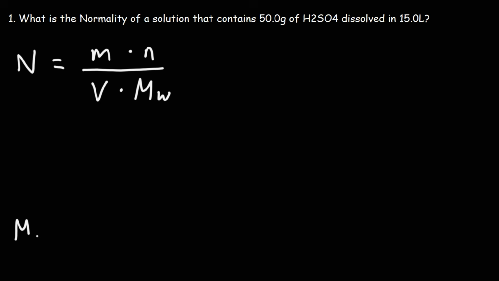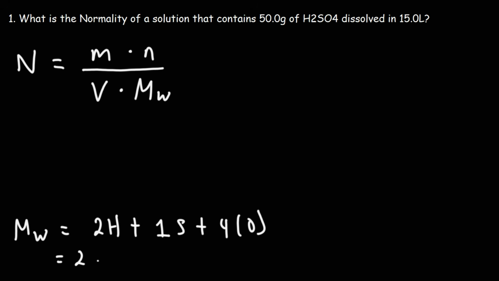So let's calculate the molecular weight first. For H2SO4, we have 2 hydrogen atoms, 1 sulfur atom, and 4 oxygen atoms. So the atomic mass for hydrogen is 1.008. For sulfur, it's 32.06.